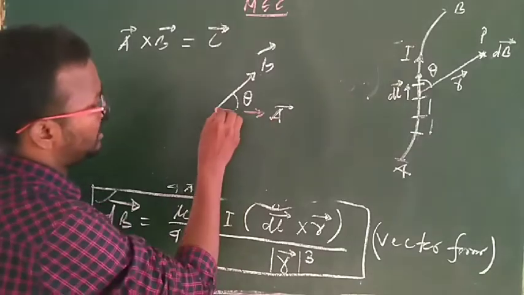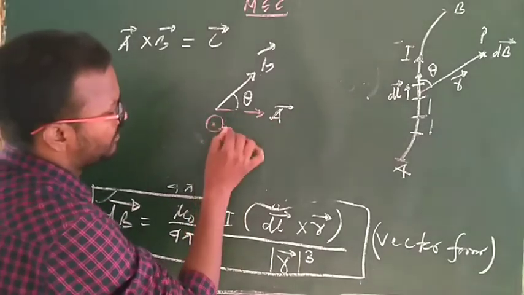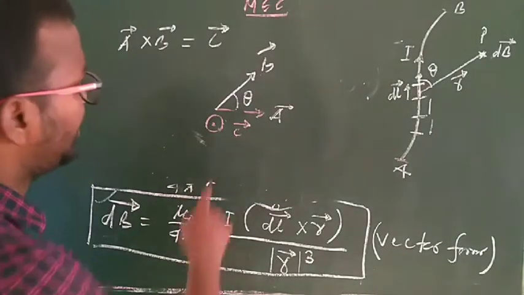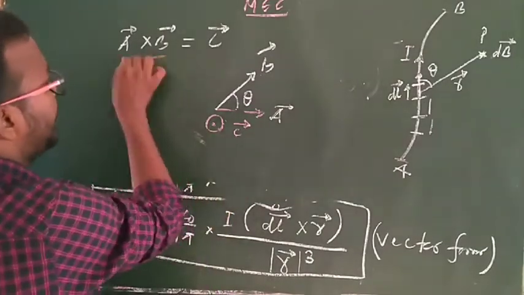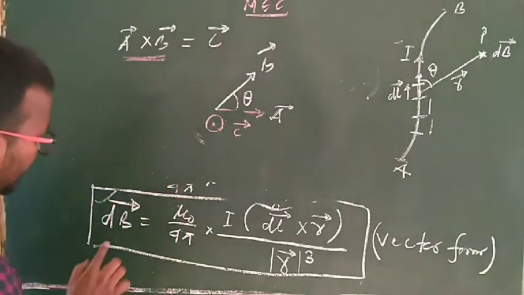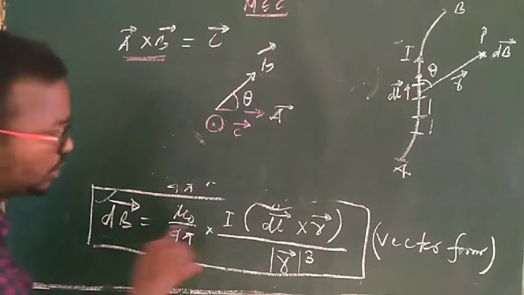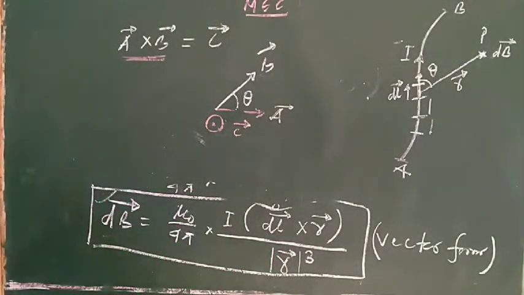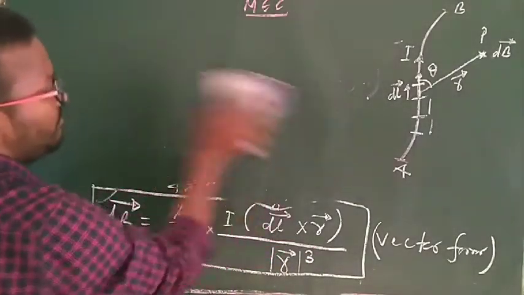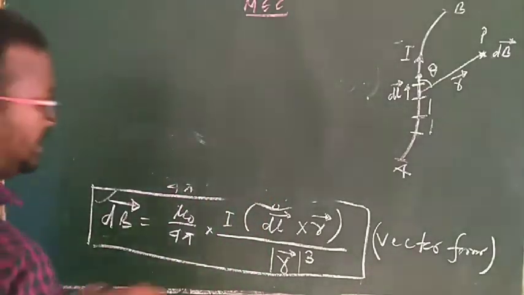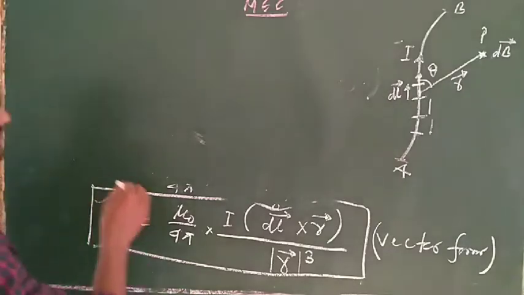So in this case we can write a dot to indicate the direction of vector c. So this is the direction of the cross product a cross b. Clear? Similarly, we have to find the direction of dB, where we have the two vectors dl cross r vector. Now find the direction of magnetic field dB vector. Clear? This is the relation.